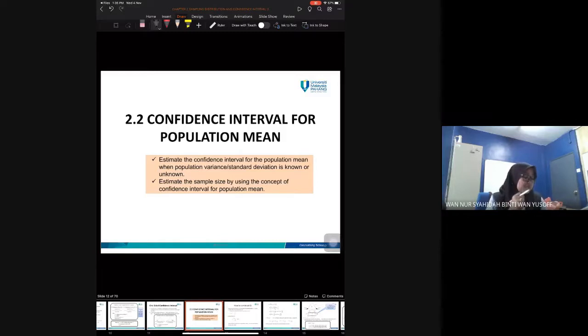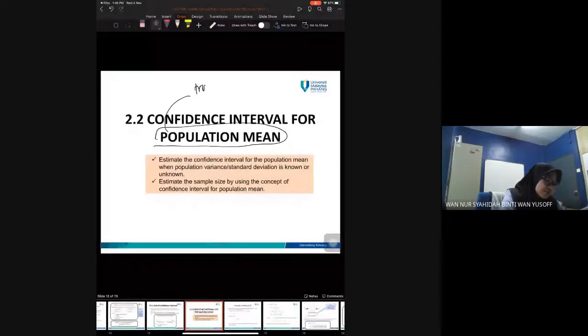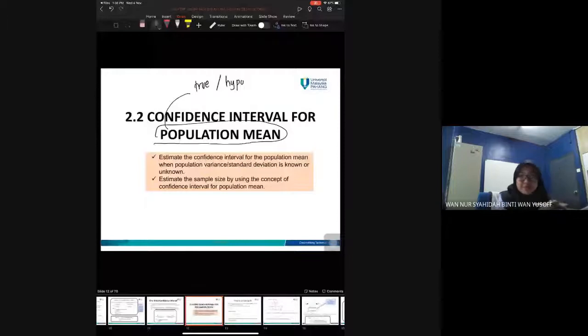So the first confidence interval is for the population mean. We find A and B, and then we assume that our population mean lies within that range. We call it the true value or hypothesized value. I have mentioned this before, so just a revision.